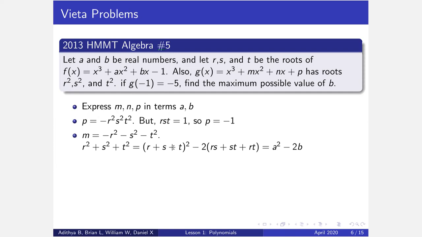So this means that M is going to be equal to 2B minus A squared. So now I guess the hard part is finding N. Does anybody have any ideas to find N?